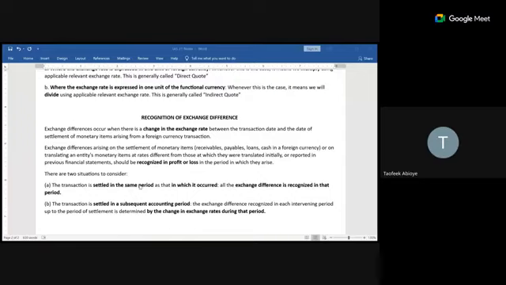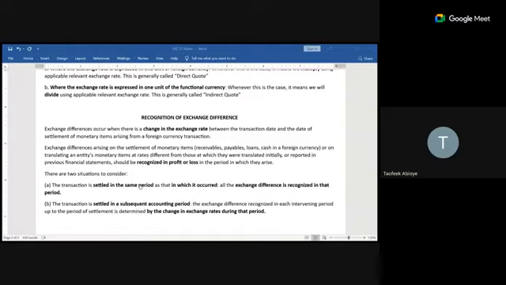So as at the accounting year end, I have not paid, so there will be a payable in my financial statement, right?